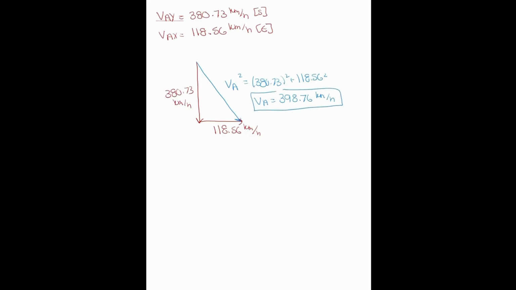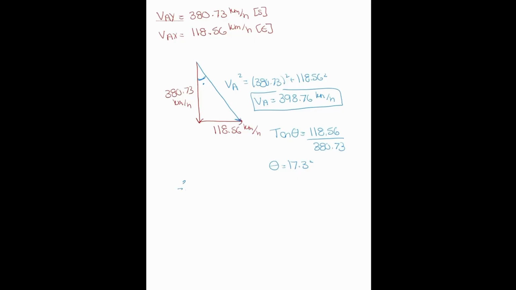Now we need to know the direction, and we want to know this angle right here. We can use tan to figure that out. So tan theta will be equal to our opposite over the adjacent, so 118.56 all over 380.73. So our angle equals approximately 17.3 degrees.